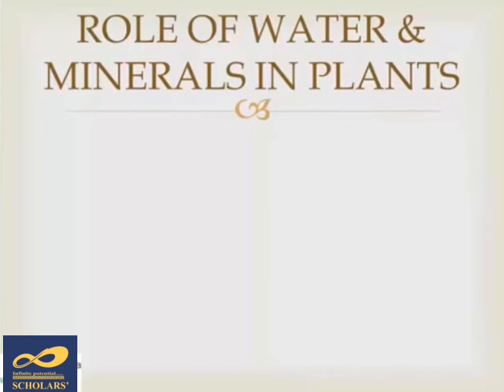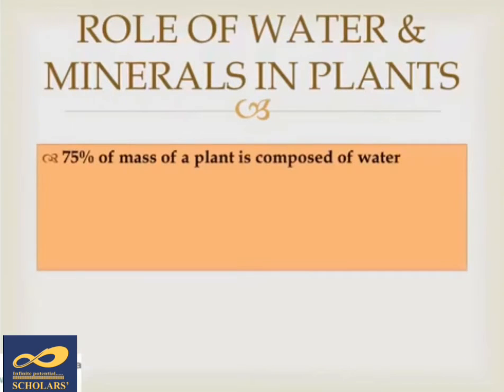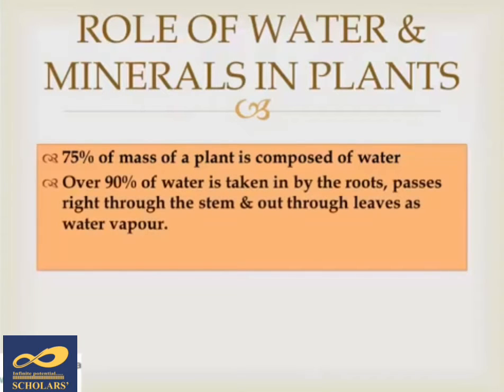Role of water and minerals in plant. At least 70% of the mass of a plant is composed of water, and over 90% of the water taken in by the roots passes right through the stem and out through the leaves as water vapor.